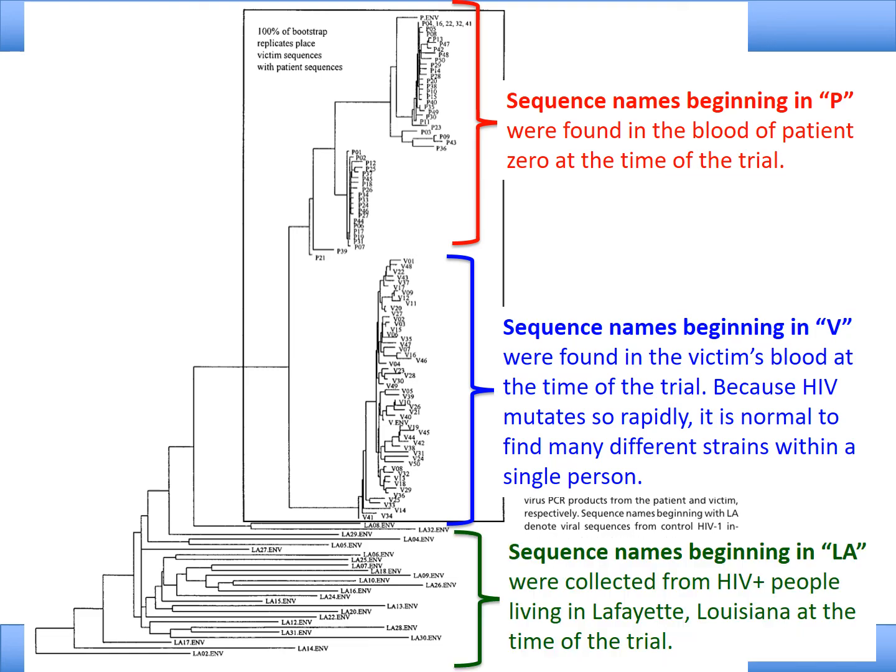Now, all of these other sequence names down here begin with the letters LA for Louisiana. These were collected from HIV positive people living in Lafayette, which was where the victim and the patient and the doctor all lived. So these are community strains. And what they're doing here is trying to rule out that the victim might have gotten infected by one of these other people.